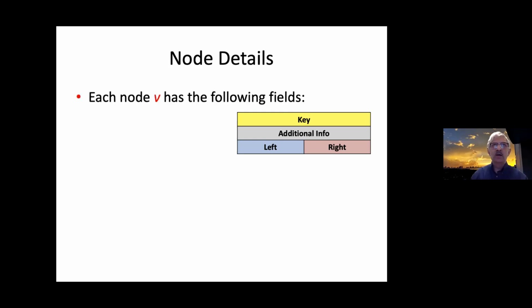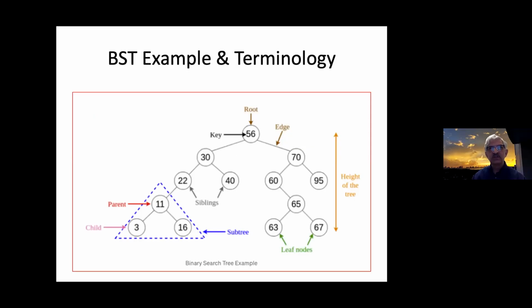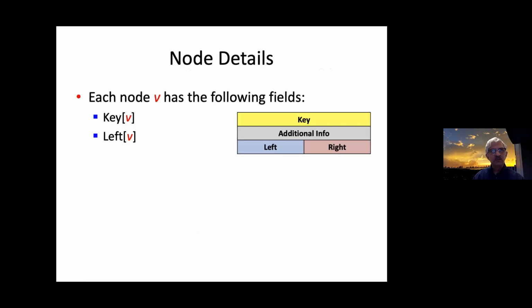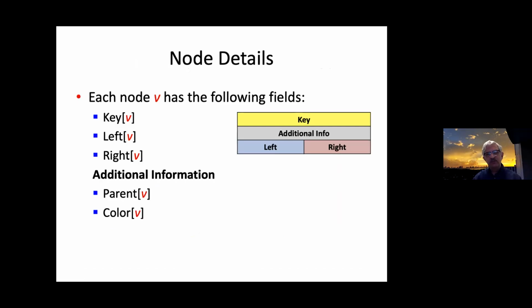Now, just to recap what I just said, if you look at a node in the tree, remember the tree is this guy here. So what you see here is that this node has a key value of 30. It has a pointer to the left child. It has a pointer to the right child, and it doesn't have any other additional information. So key value, left value, right value, and then any additional information that you might want.